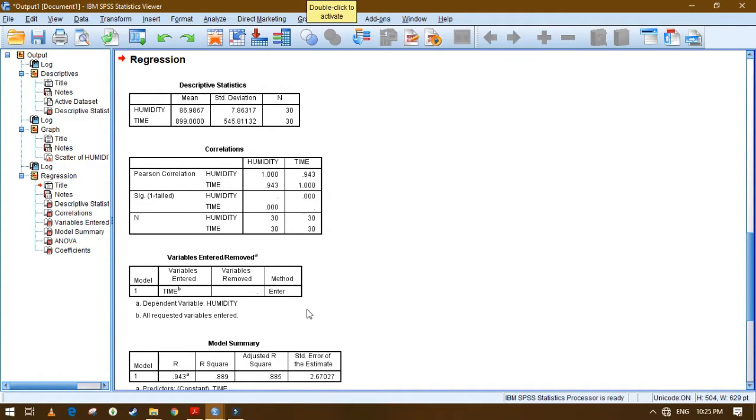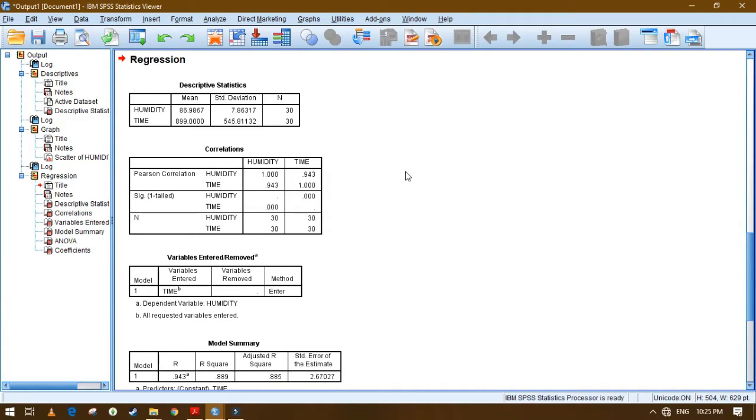The mean of the humidity like before, 86.9867. For third column, standard deviation, the humidity standard deviation is 7.8317, same as before. This data has shown before. Mean and standard deviation of humidity and time.